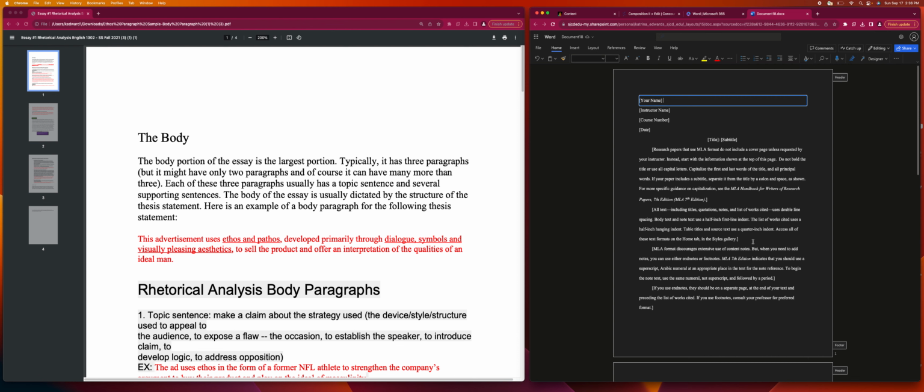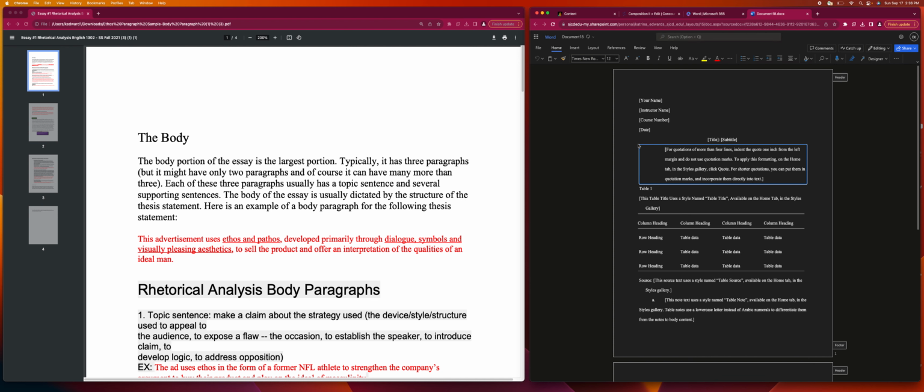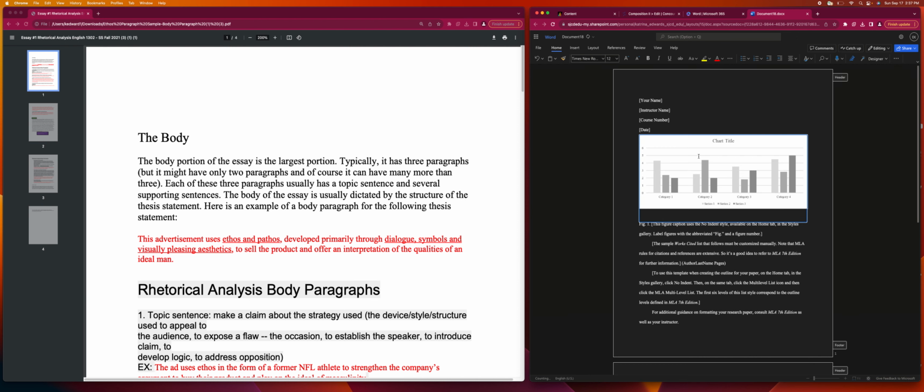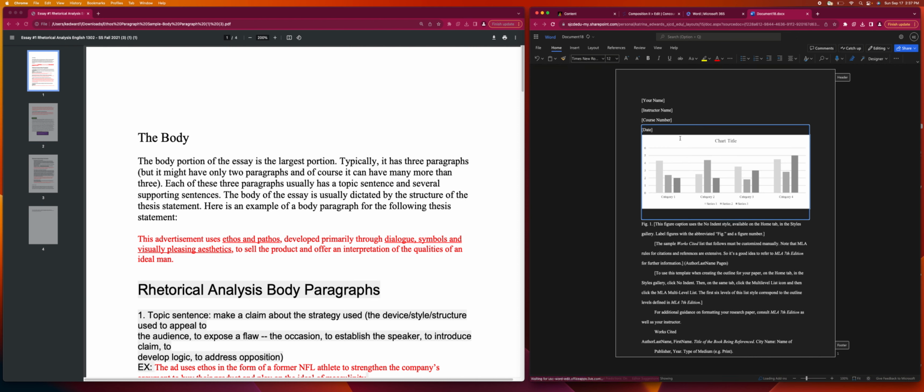Get rid of all of this information here, and then you are going to copy and paste your introduction, your descriptive paragraph, and your audience paragraph into this document.